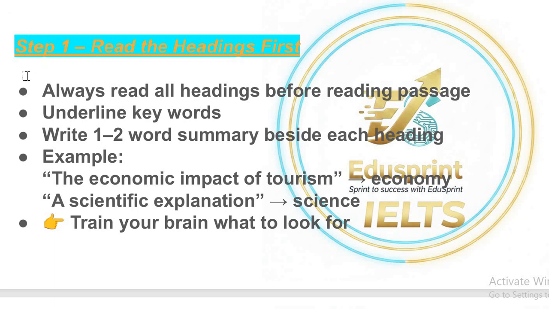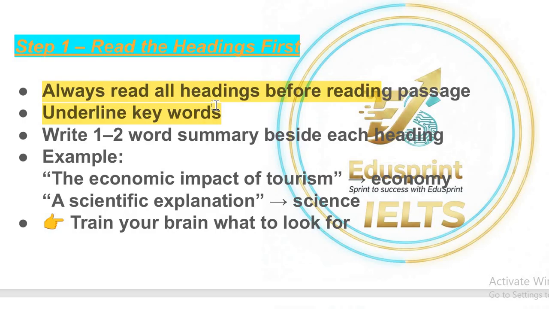The first strategy is very important, and that is: always read the headings first. Before you even look at the passage, read all the headings carefully and underline or mentally note the keywords. It's very effective.